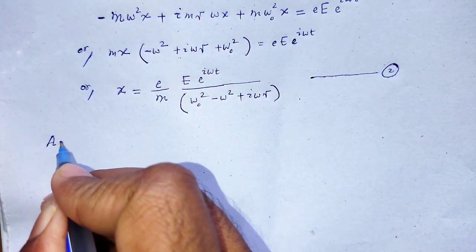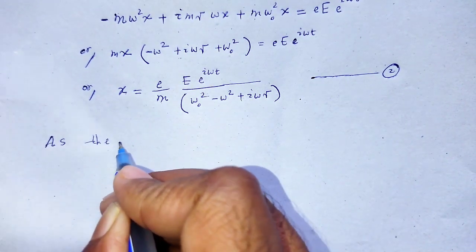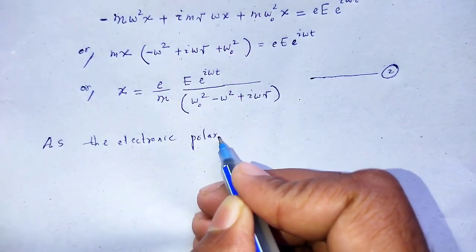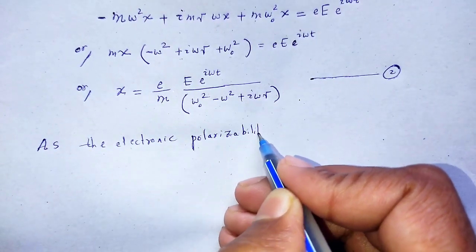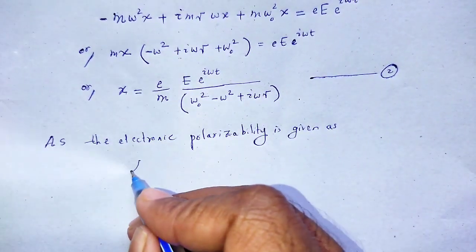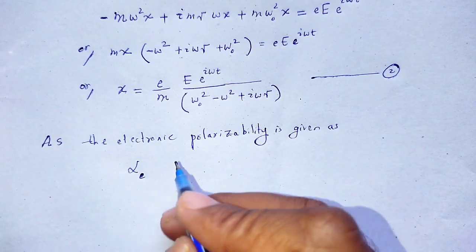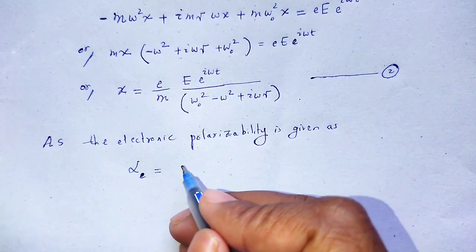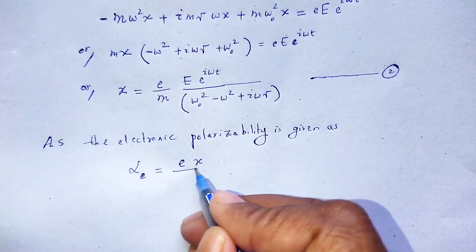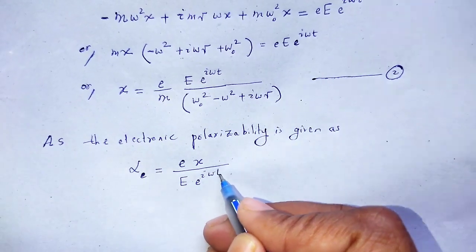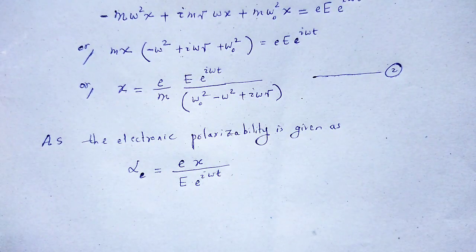As the electronic polarizability is given as alpha e, which is equal to e x divided by E e to the power i omega t.